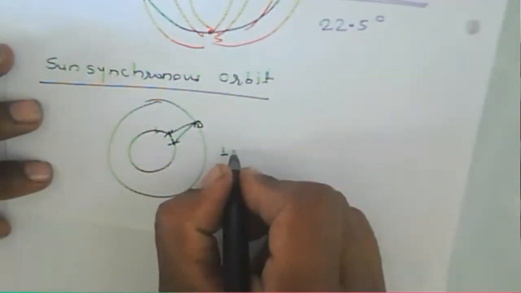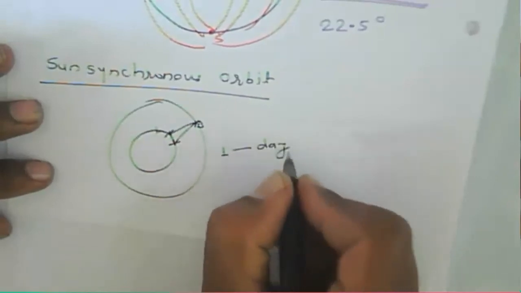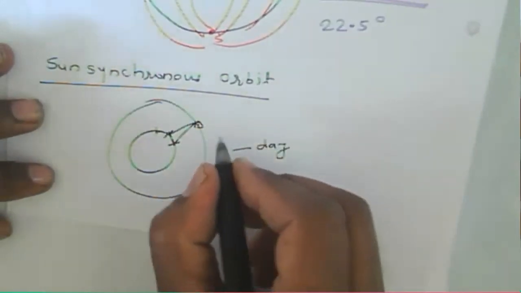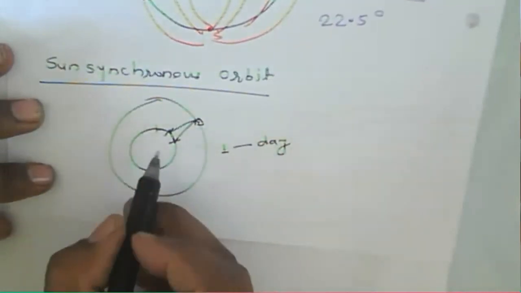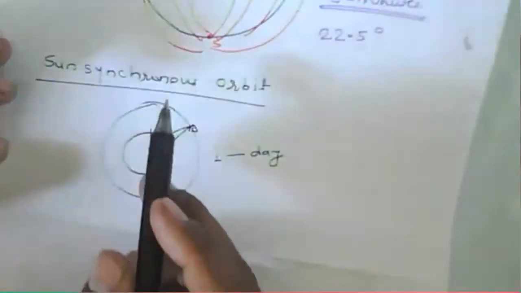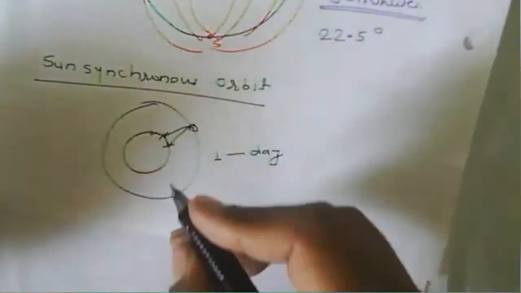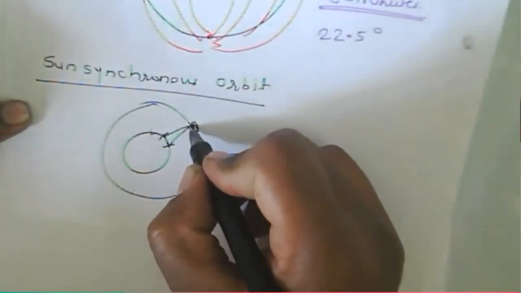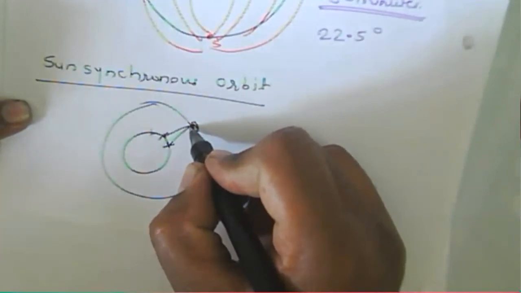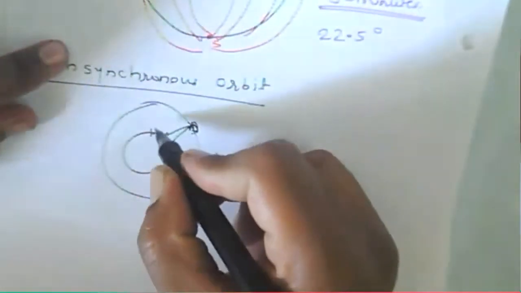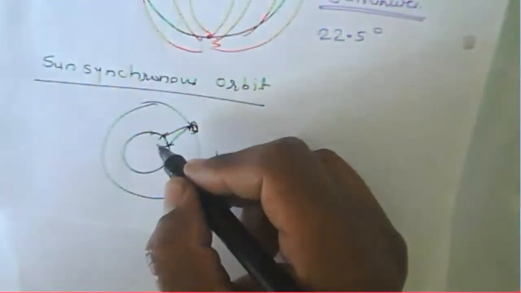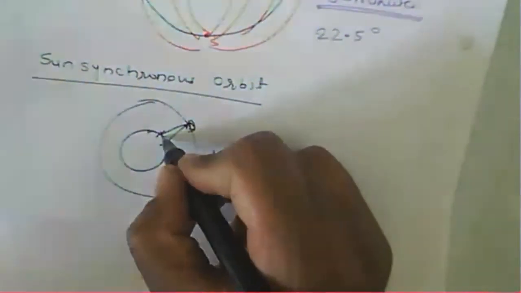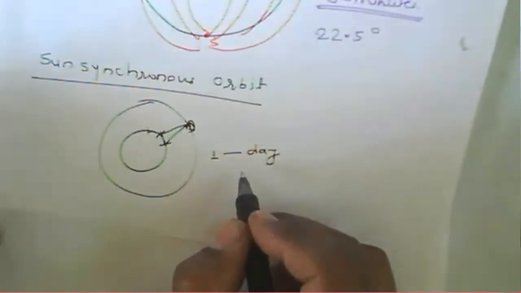Earth is rotating, taking 1 day to rotate around its axis. Suppose a satellite is fixed now, and the Earth is rotating around its axis, so again it will come back to that particular position after 1 day.